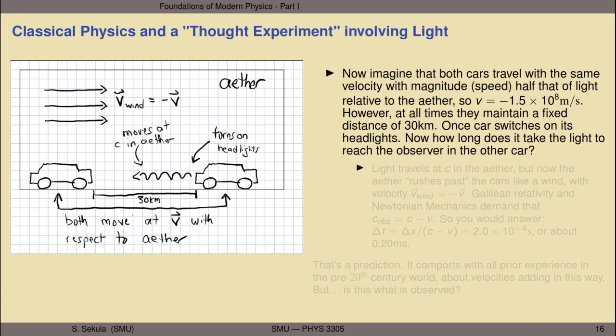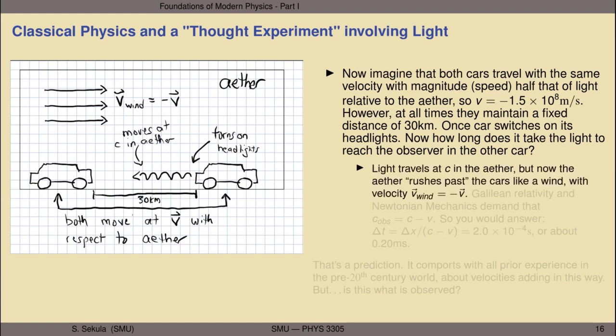So they're traveling from the right to the left in the ether. At all times, they maintain a fixed distance between the front end of the right car and the observer at the back end of the left car of exactly 30 kilometers. The car on the right turns on its headlights. Now how long does it take the light to reach the observer in the other car?